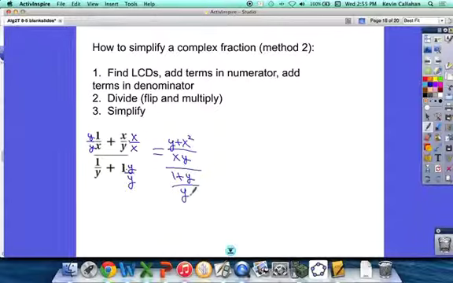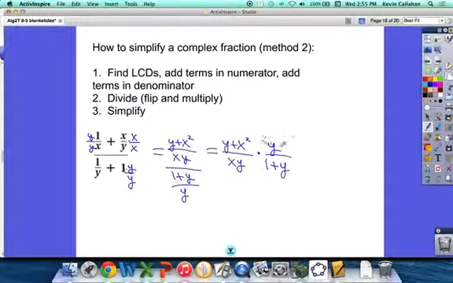And now we're dividing a fraction by a fraction, so we turn that into a multiplication by flipping. y plus x squared over xy times y divided by 1 plus y. And then let's see, any canceling we can do?